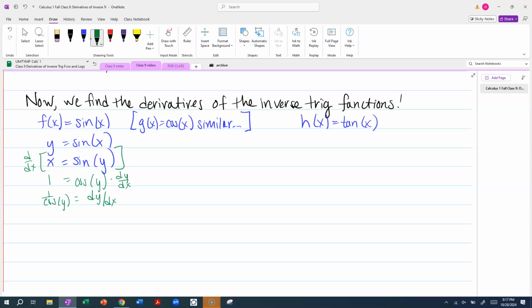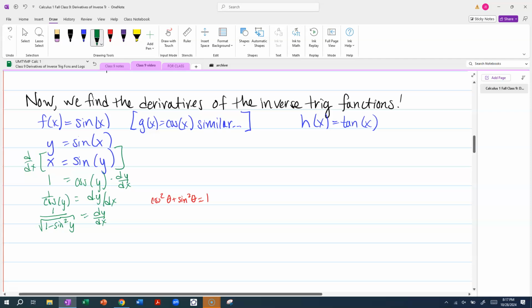Well, I remember 1 over cosine, and then I remember the Pythagorean identity. So, a quick aside: cosine squared of theta plus sine squared of theta is equal to 1, and if I were to isolate cosine, that would give 1 over the square root of 1 minus sine squared y, is equal to dy dx.